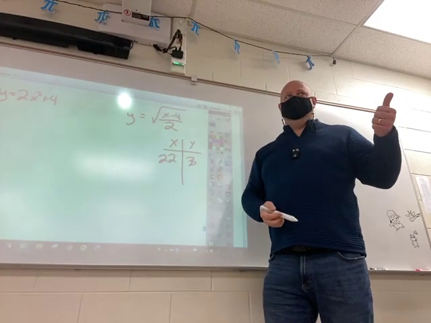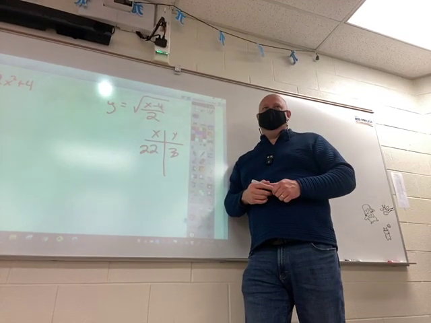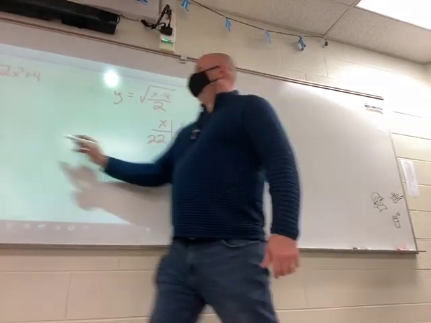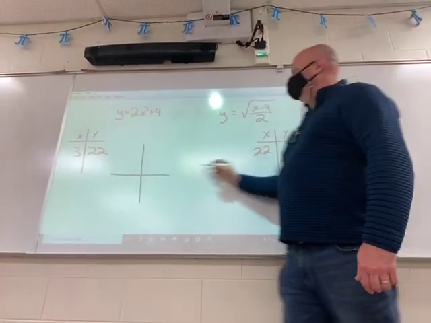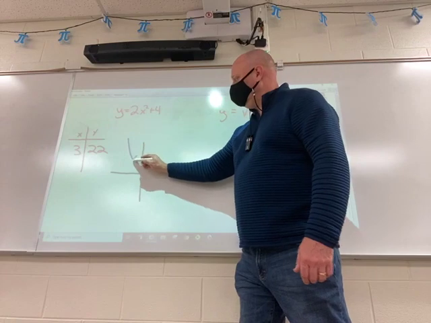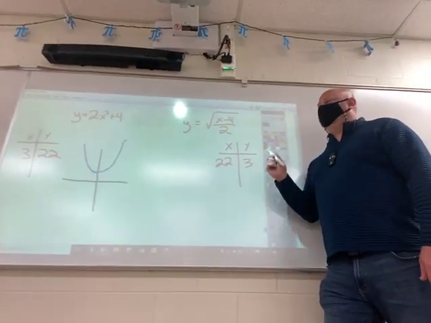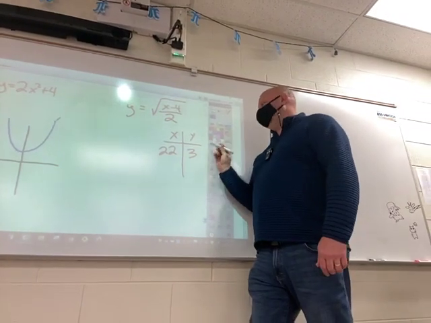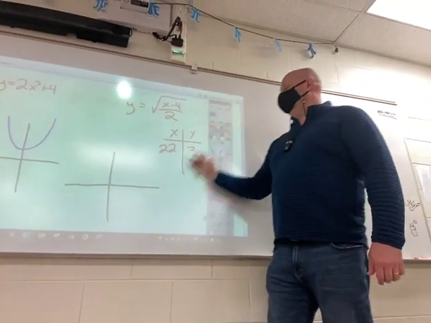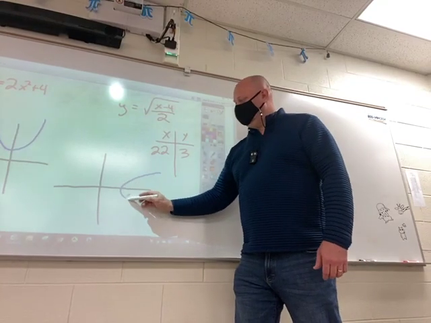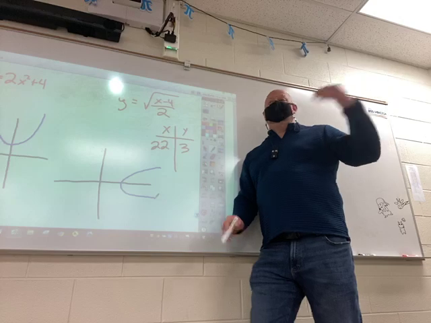Easy enough? Does anybody remember what happens graphically? The graph of that is going to look something like this. Does anybody remember what happens to the graph of this? It is going to be sideways. Why is it going to be sideways? Reflects across the diagonal.